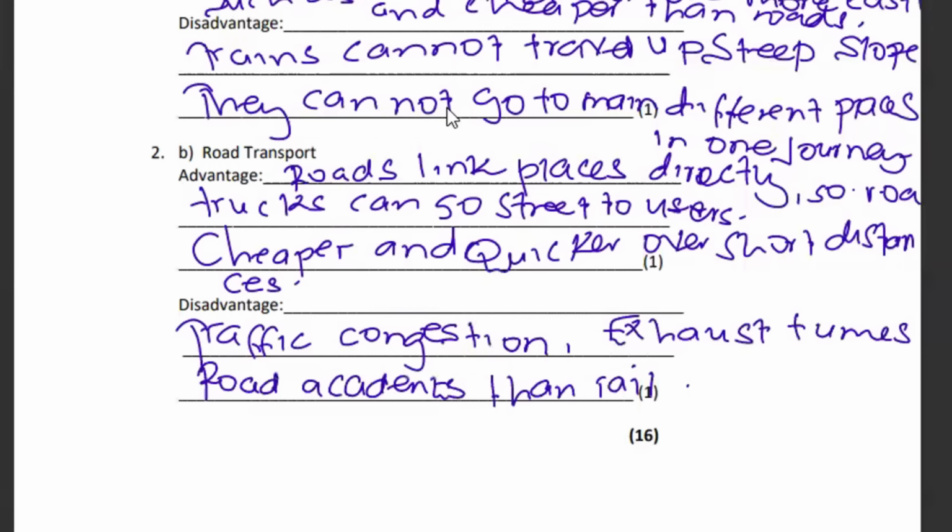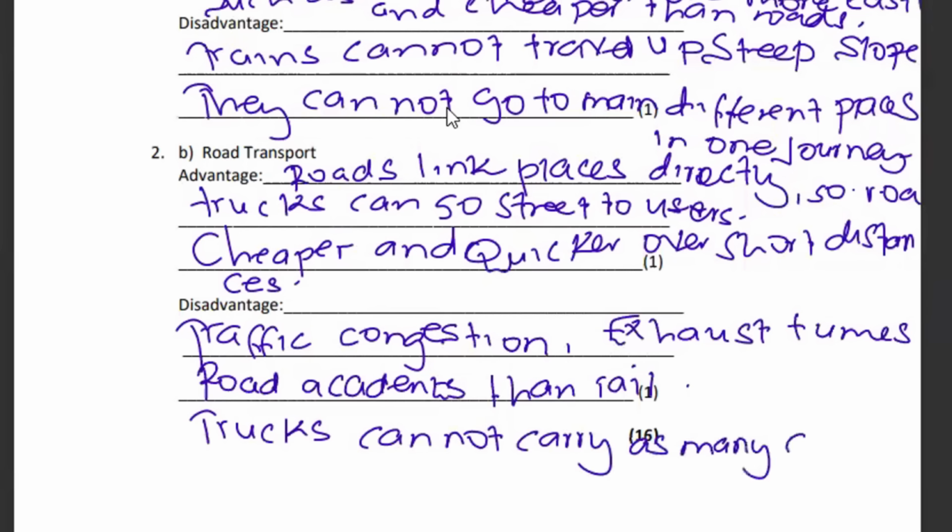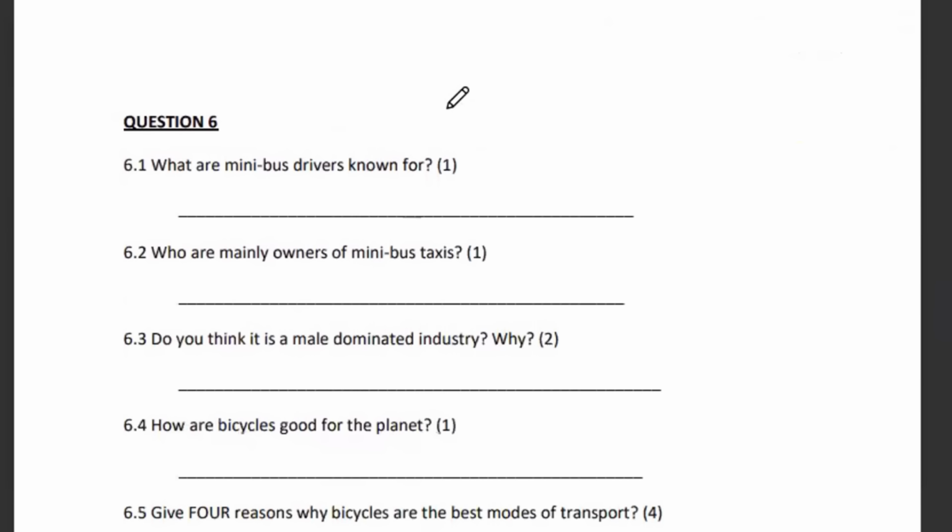You can also talk about trucks not being able to carry as many goods as trains.